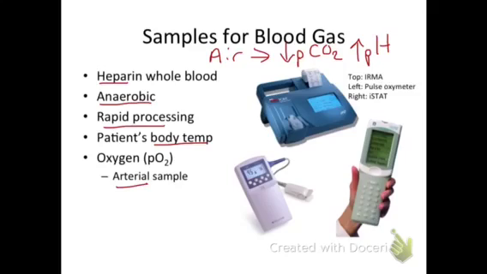However, arterial samples are rarely obtained in a clinical setting, and that's because 1, they're difficult to obtain, and 2, there are easier ways to assess a patient's oxygenation status, such as the one shown here, which is a pulse oximeter.